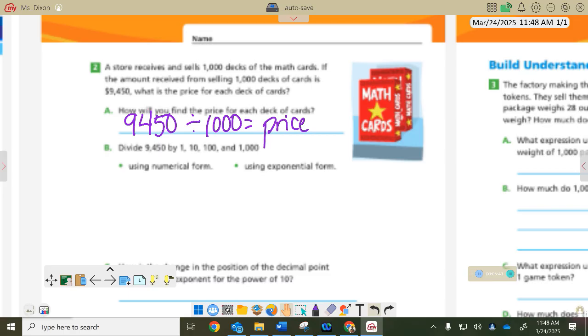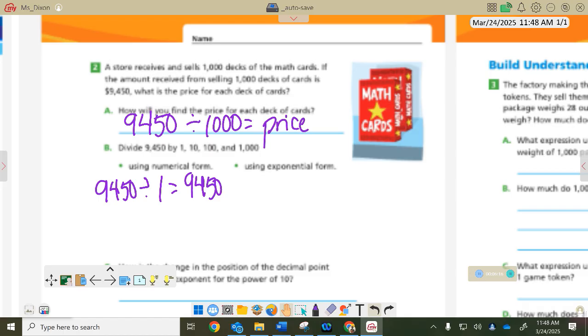Write the exponent form. That does not say expanded. 9,450 divided by 1 equals 9,450.